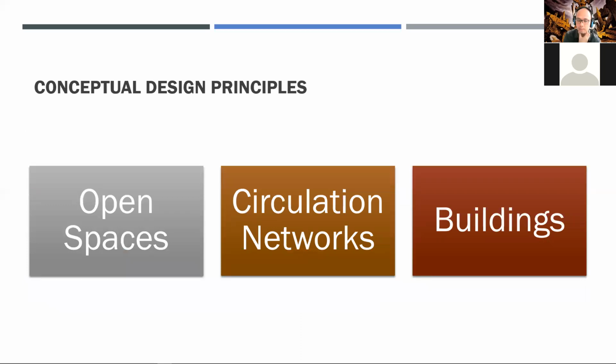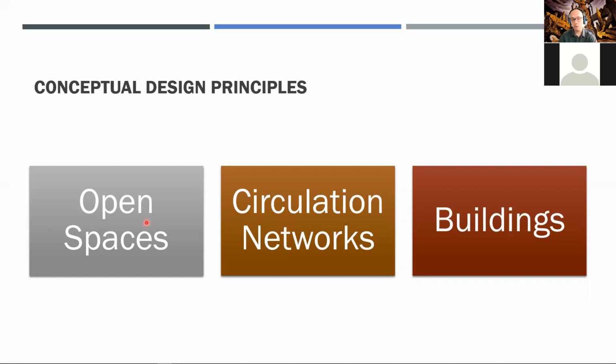I wouldn't say three rules of thumb, but I would say that there are three core conceptual design components: open spaces, circulation or circulatory networks, and of course buildings.